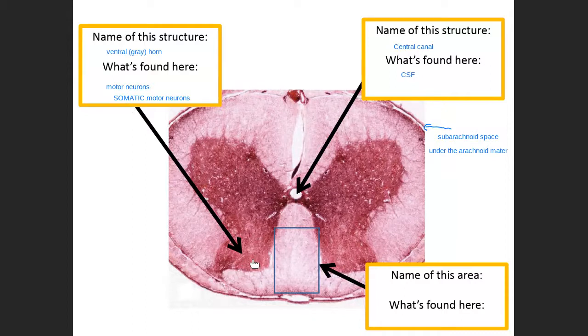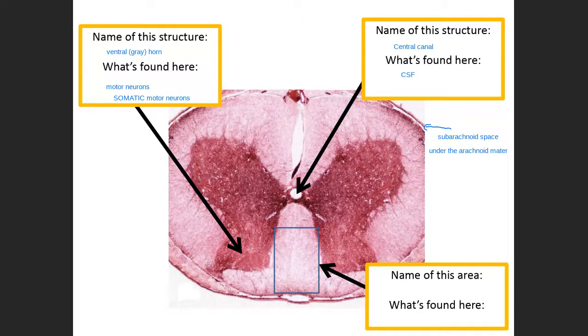If you remember from our last discussion, that lateral horn that's missing here, that would have been over here, that's where we found what were called autonomic motor neurons or visceral motor neurons. Those were the ones that control types of muscle that you don't control consciously, so the smooth muscle or cardiac muscle.